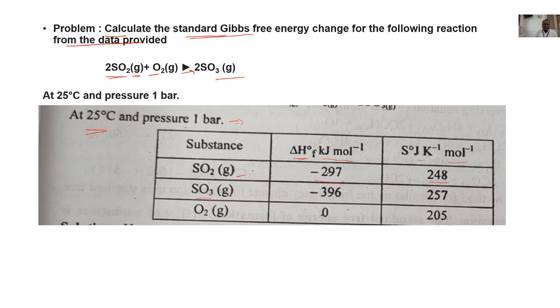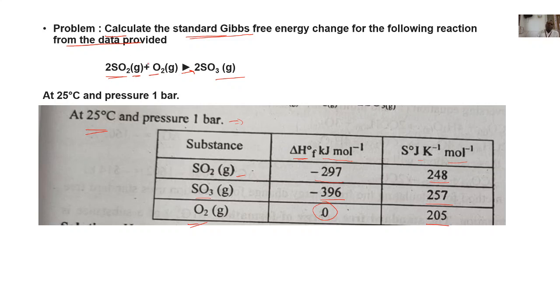For SO3 gas it is minus 396, and the standard entropy is 257, a positive value. And O2 is already in the standard state, therefore delta H0 of F for O2 is 0. We already discussed this, and S0 for O2 is 205 joule per degree Kelvin per mole.